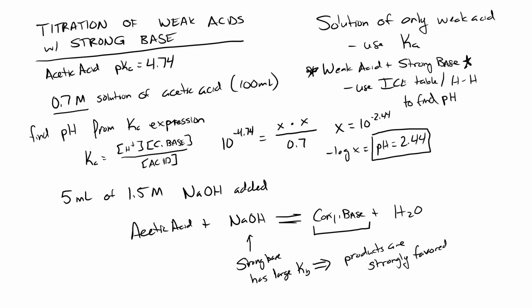So what we have to do now is set up an ice table. Right? So we have an initial concentration of sodium hydroxide, right? And that is the 5 milliliters times 1.5 molar, right, in there.